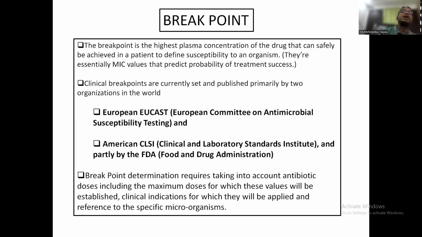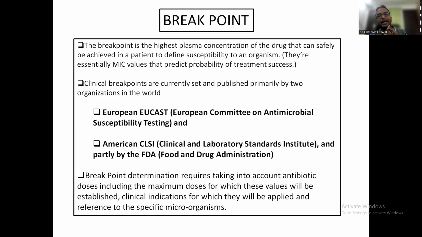So the breakpoint is the highest plasma concentration of the drug that can be achieved by the standard dosing regimen. You have to be very clear here that if today I started giving 10 gram TDS meropenem, I can achieve a very high level of concentration, right? But that will not be physiological.